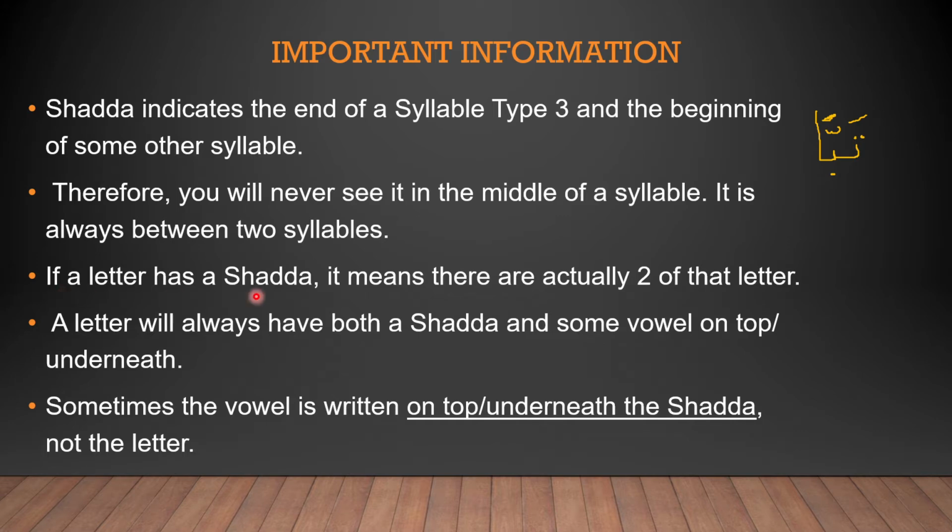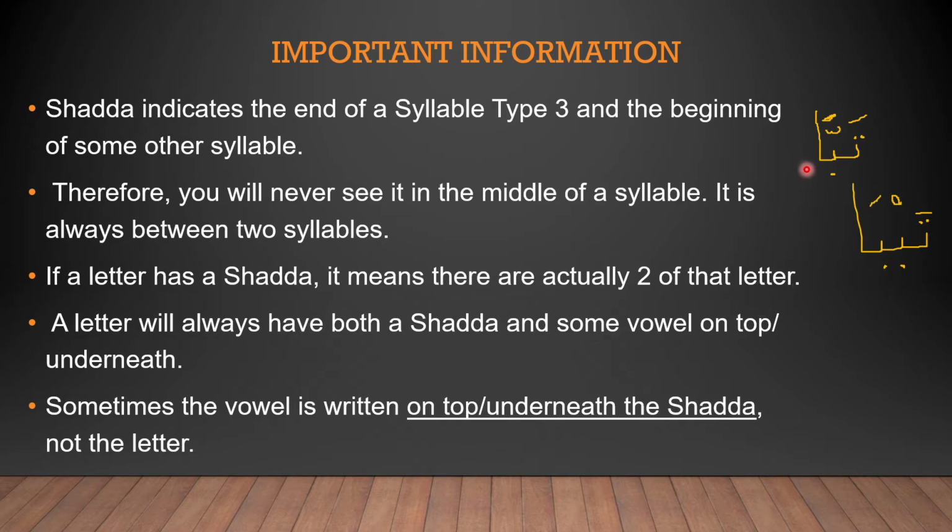If a letter has a Shadda, it means there are actually two of that letter. So for example, this tabba can also be written like this. It sounds the same. See, ta, fatha, ba, sukoon, and then another ba, and the alif fatha.